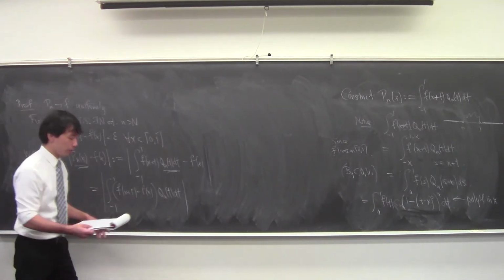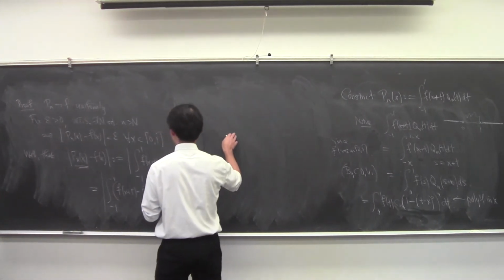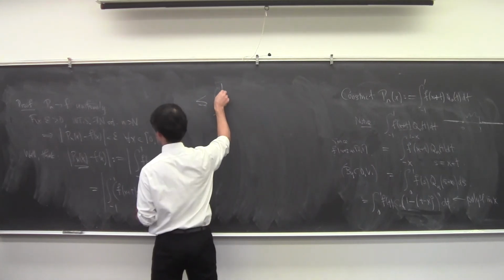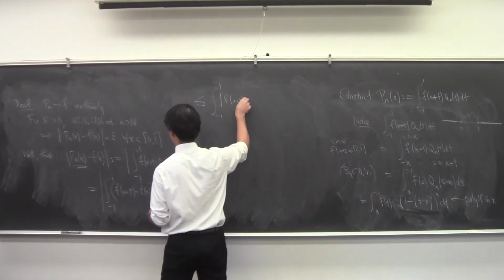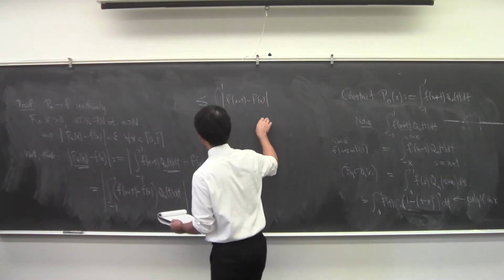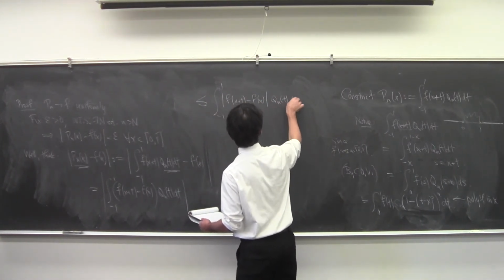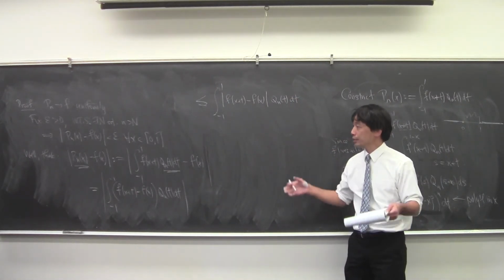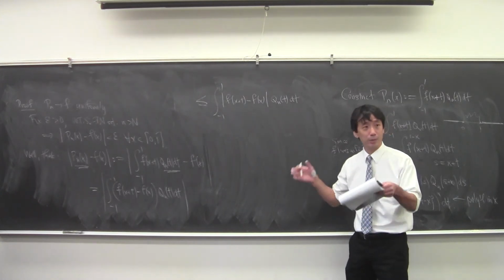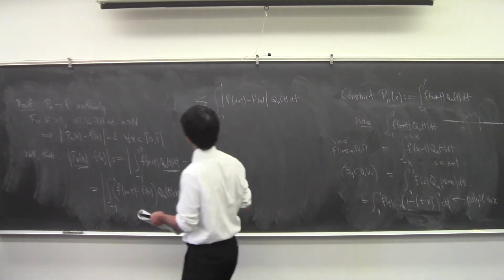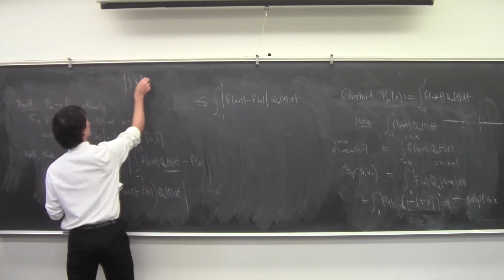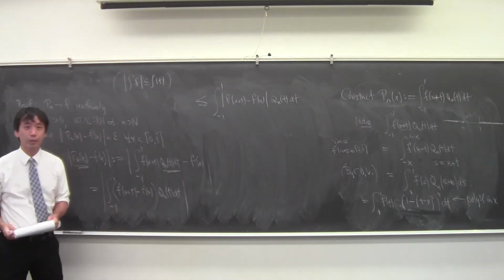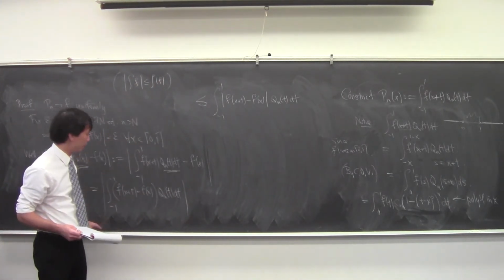So let me use first the triangle inequality: f(x plus t) minus f(x), Q_n(t) dt. The absolute value of an integral is less than or equal to the integral of the absolute value. The continuous triangle inequality. This is also the triangle inequality.